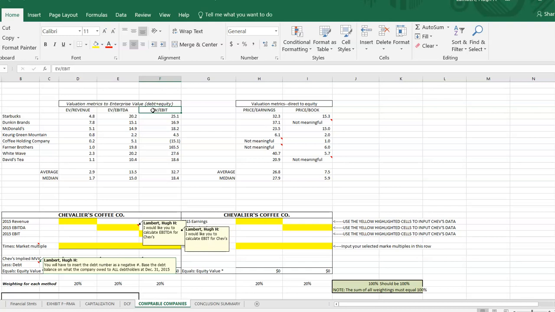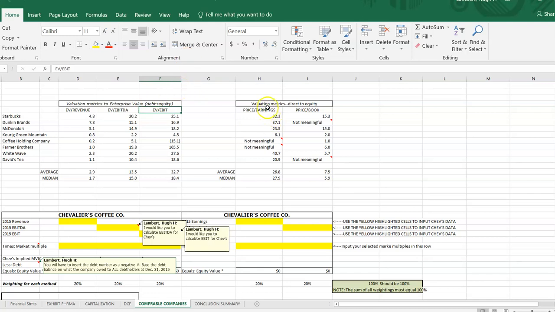And capitalism is taking money, investing in certain business assets and generating a return on those assets and growing the value of what you've created. So the reason we're looking at enterprise value relative to these measures is because revenue, EBITDA, and EBIT are all measures that both forms of capital could be paid with. And we'll talk more about that in class.